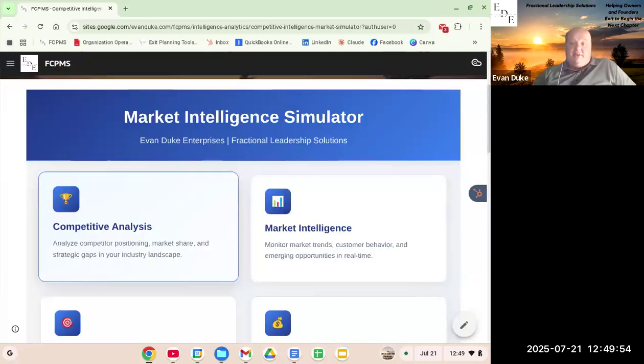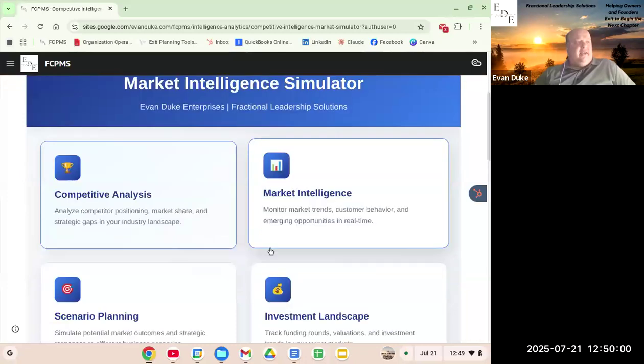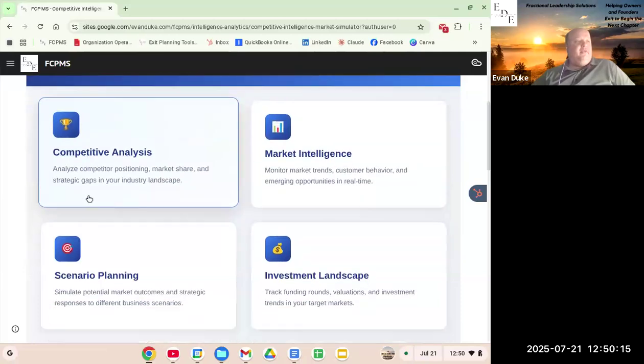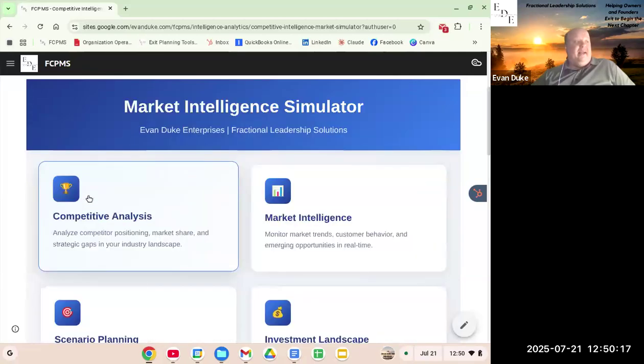Obviously, market intelligence is, okay, what is the entire market doing? So this is one of those areas where, while I believe that if you really want to increase your value to the fullest, you need to focus more on what you're doing as opposed to what everybody else is doing, this is going to be helpful when it comes to benchmarking.